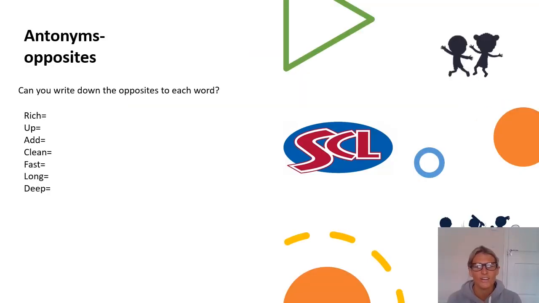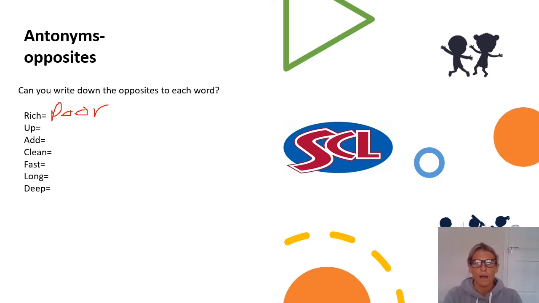Okay, so opposite word to rich then. What you should have is poor on there. So let's write the answer in. The opposite to rich would be someone if they were poor. Give yourself a tick if you got that correct. If not, write the correct answer next to that word.